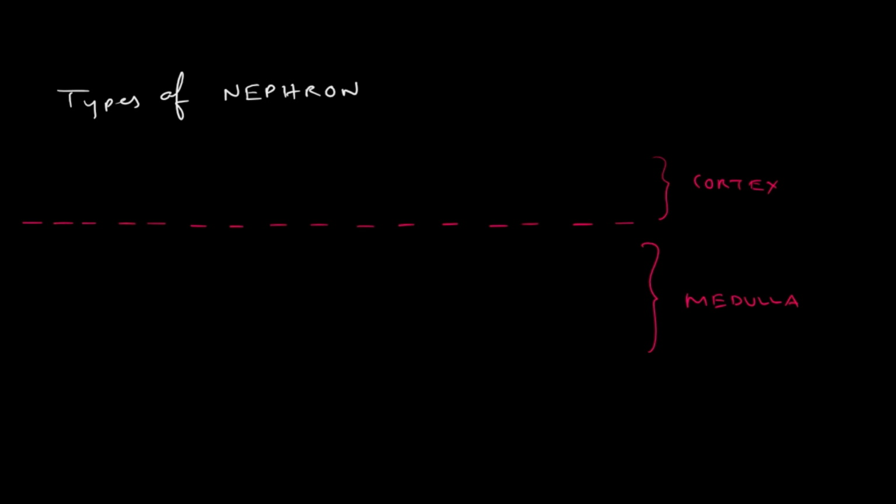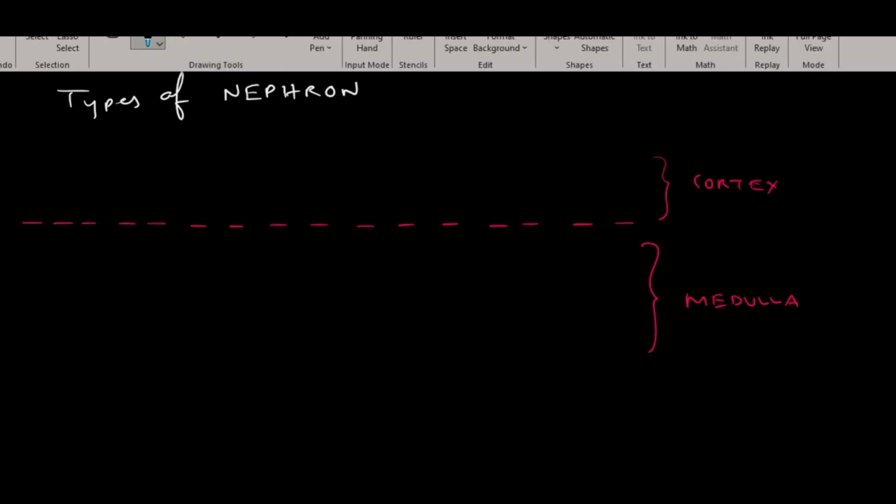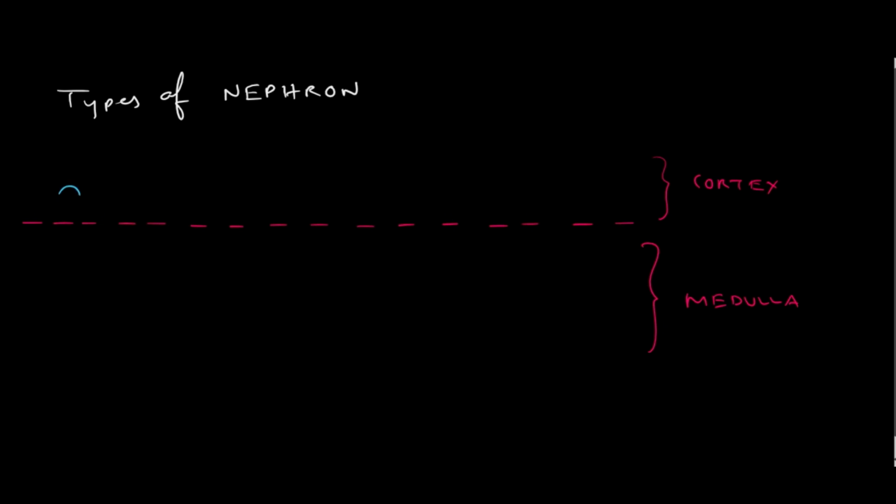Suppose a nephron has its Bowman's capsule, its PCT and its DCT in the cortex region. So the major sections of the nephron such as PCT, Bowman's capsule, DCT, etc. lie in the cortex region.